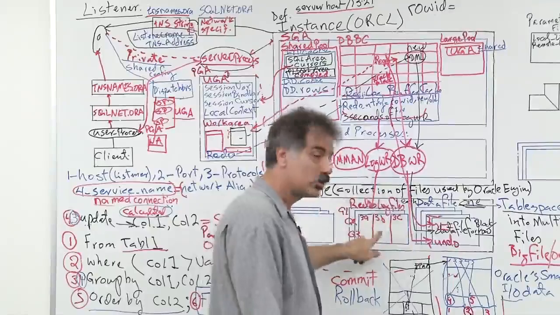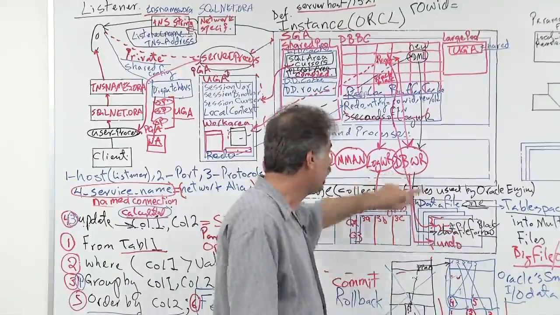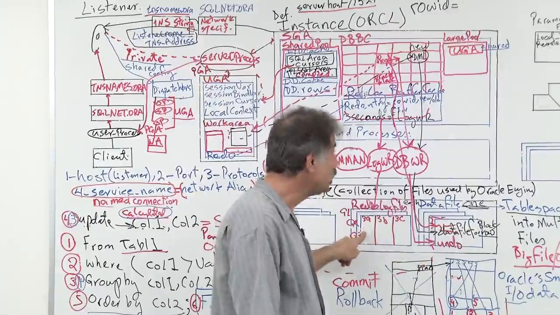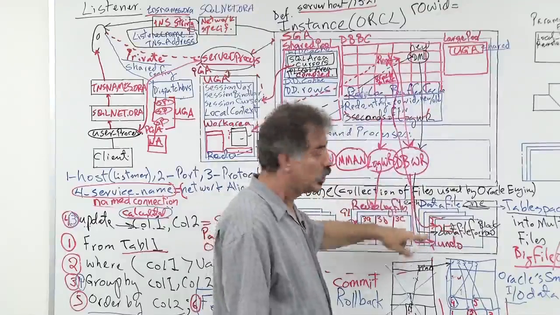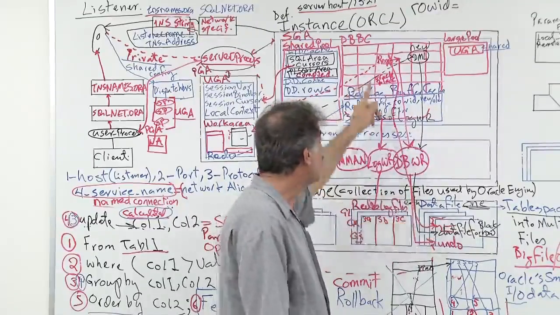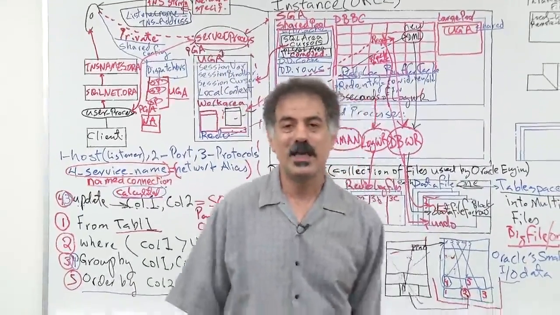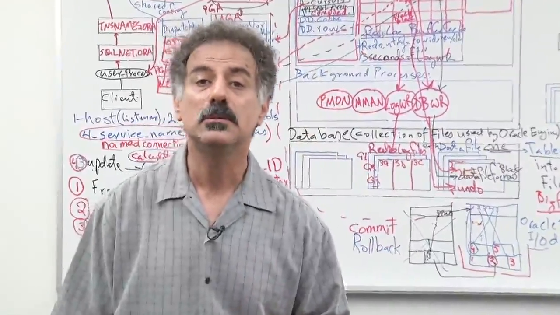Once the redo is on the disk, on the next writing, the database writer will use the redo as a guide and write the changed blocks into the disk: the new block into the data file and the old block into undo. And finally, the transaction work is now complete.